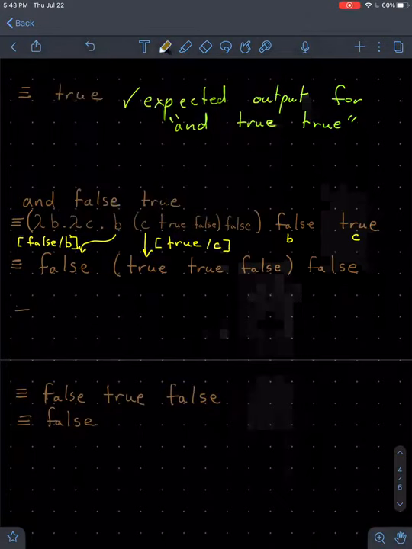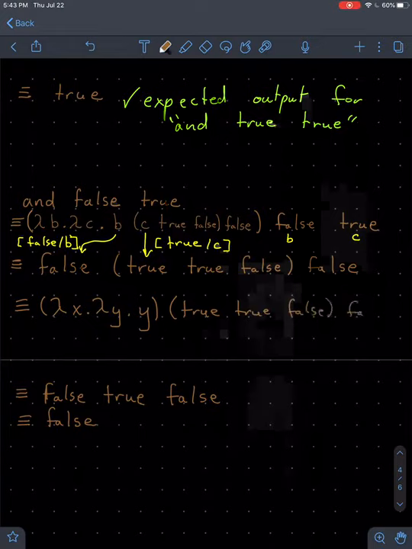So we could unpack the false, right? Some folks are skipping that step now because we're starting to get comfortable, but that's okay. We don't have to. So we have lambda x, lambda y, y. And then that's applied to true, true, false, and false.